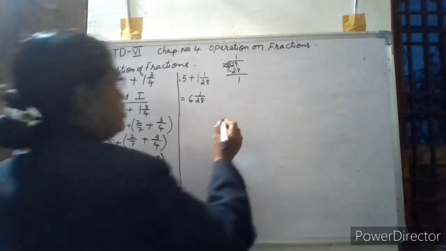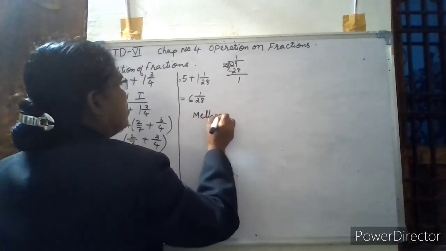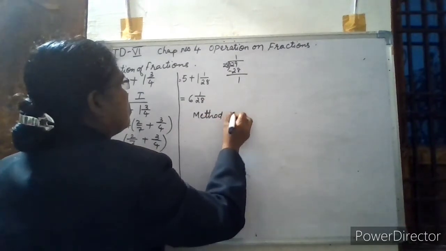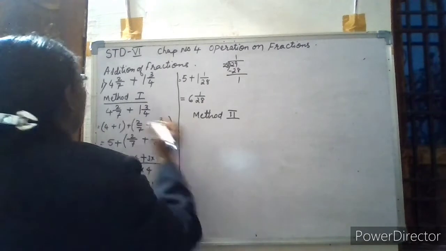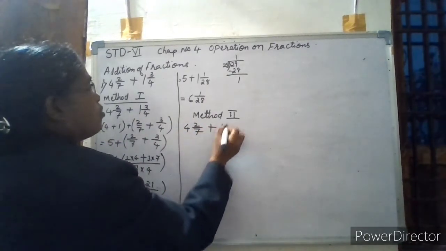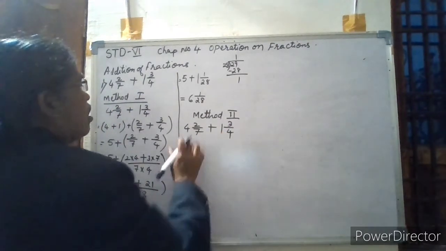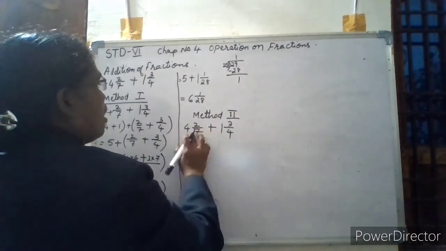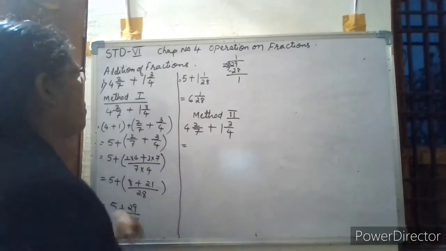Now method 2. Here I will take the same question: 4 2/7 plus 1 3/4. These two are mixed fractions, so I will convert them into improper fractions.